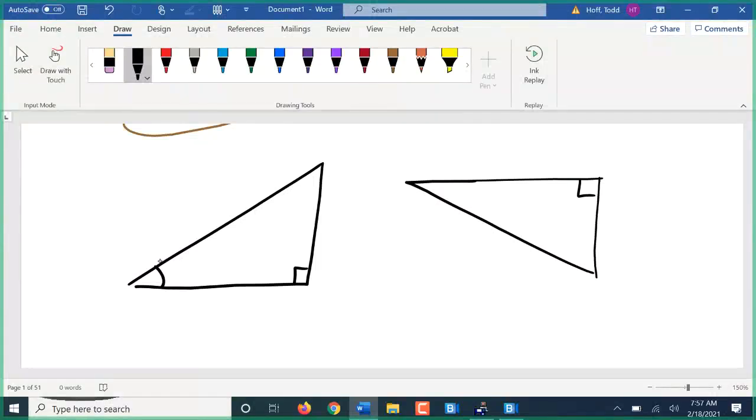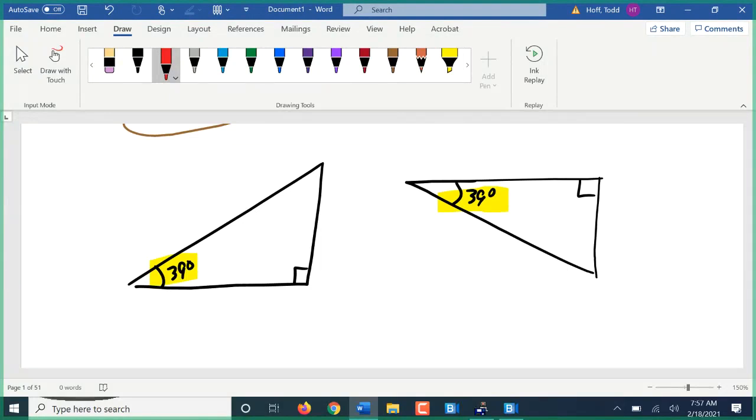Let's say I know that this here is 39 degrees. If I know that this one is also 39 degrees, that's all I need to know in order to know that those are similar triangles. So for right triangles, as long as one angle other than the right angle is the same, they will be similar triangles.